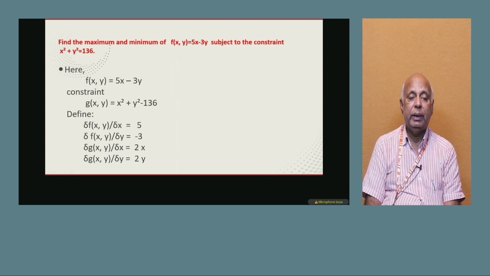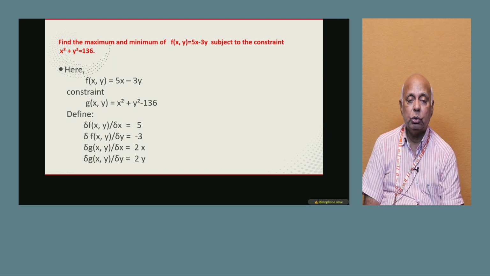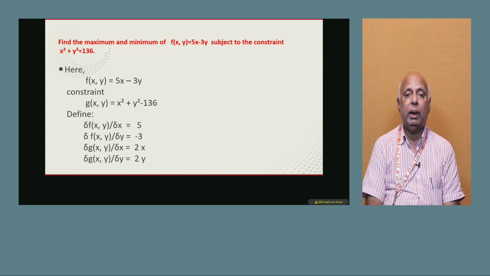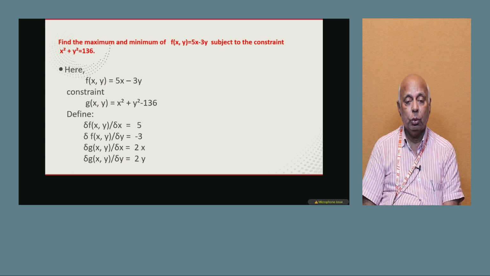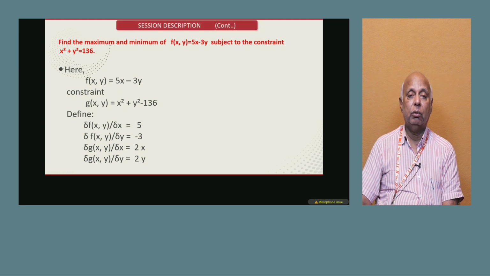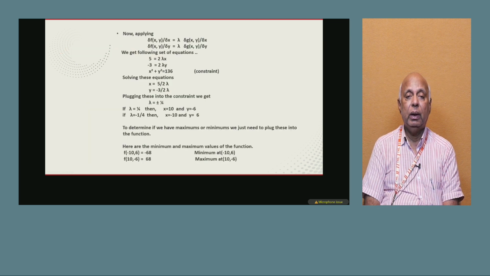Now we define the partial derivatives of f with respect to x and y, because there are only two variables. Similarly, the partial derivatives of g with respect to x and y. Now we apply the condition that the partial derivative of f with respect to x is equal to lambda times the partial derivative of g with respect to x.